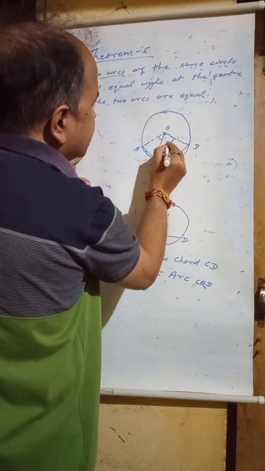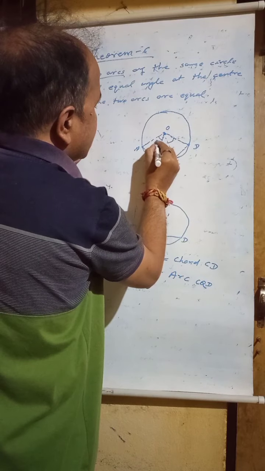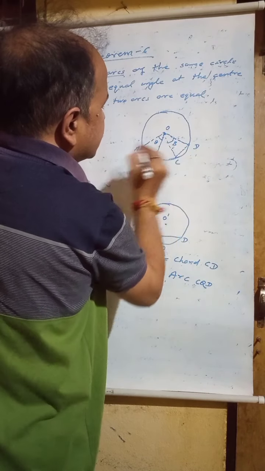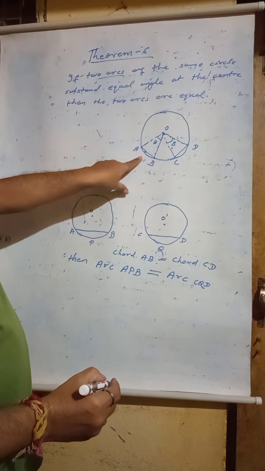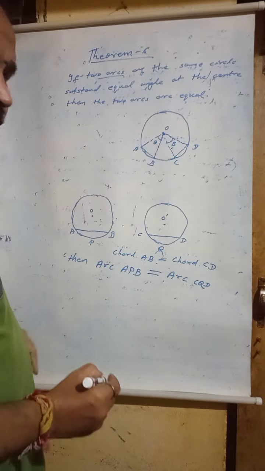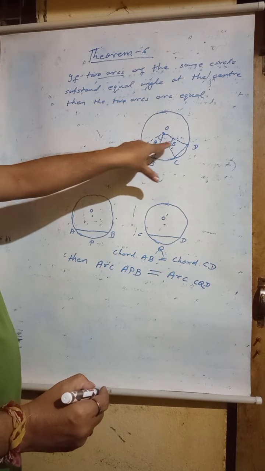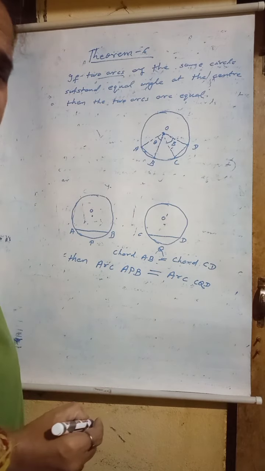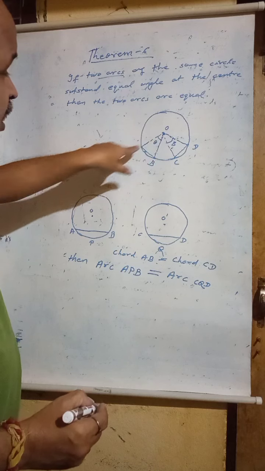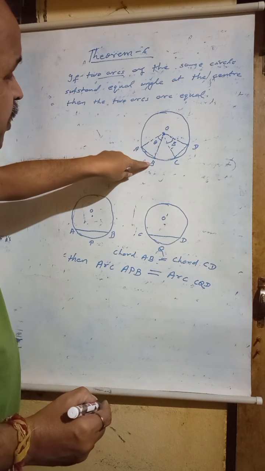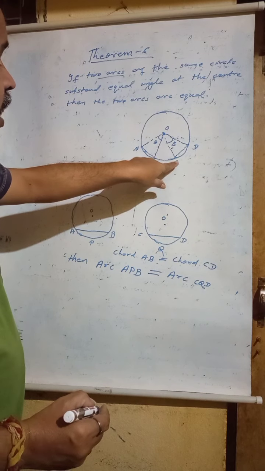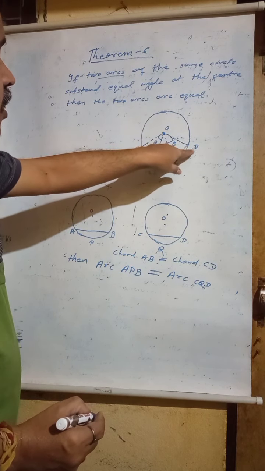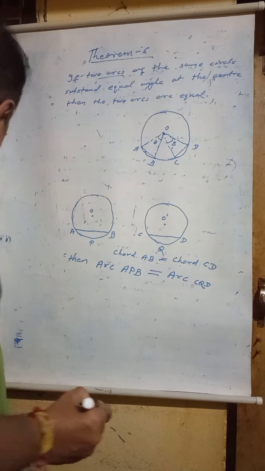Let this angle be theta and this angle be beta. So the two arcs AB and CD subtend equal angles at the center. That is, angle AOB, theta, will be equal to angle COD. How to prove it?